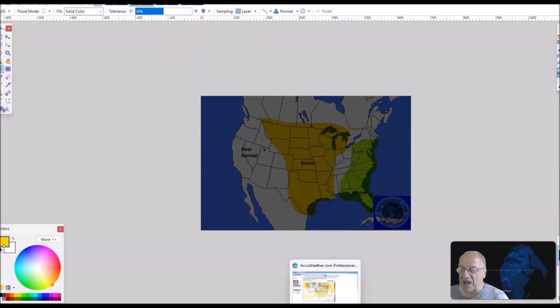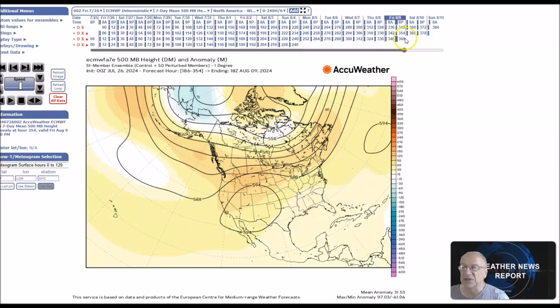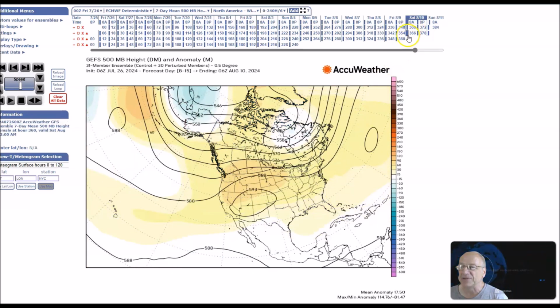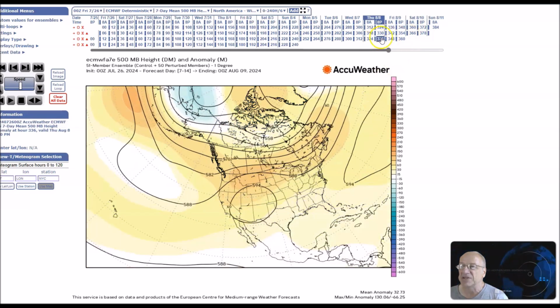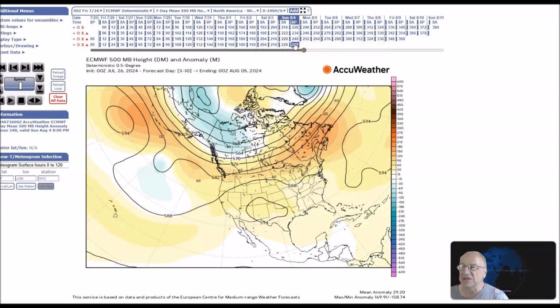Now taking a look at the period for August 8th to the 12th. We still have our strong ridge here, approaching 600 dm across the west and parts of the plains, and the GFS brings this ridge close to the east coast, while the other models keep it more out in the central Atlantic, well off the southeast coast.